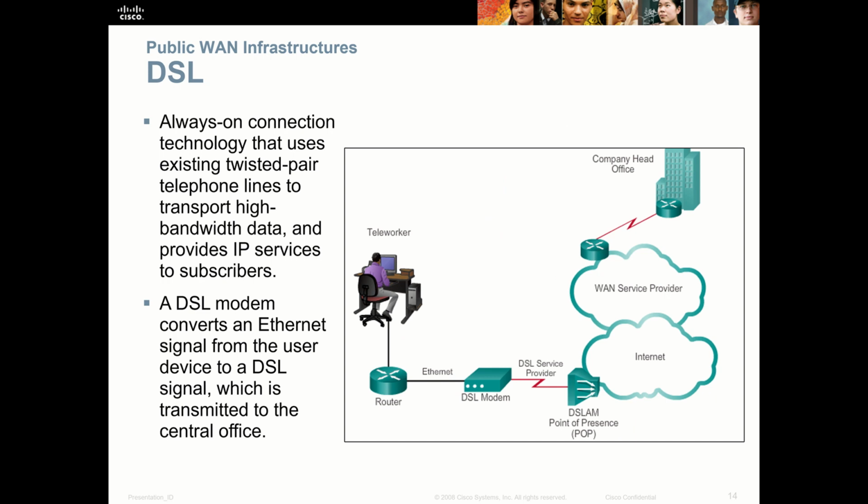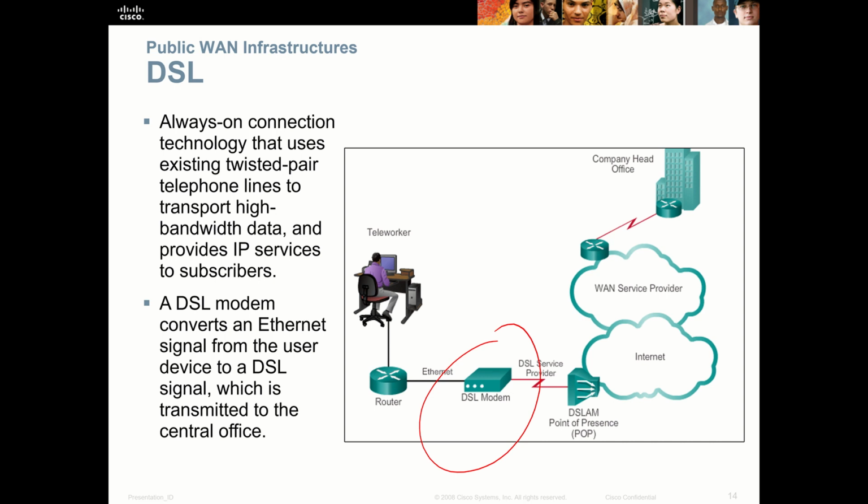Now we move to the public WAN infrastructure. So this is the most common. For those who subscribe to Streamyx, they will use the DSL technology. But for those who are currently subscribing to Unifi, because Unifi uses fiber, it's a bit different.